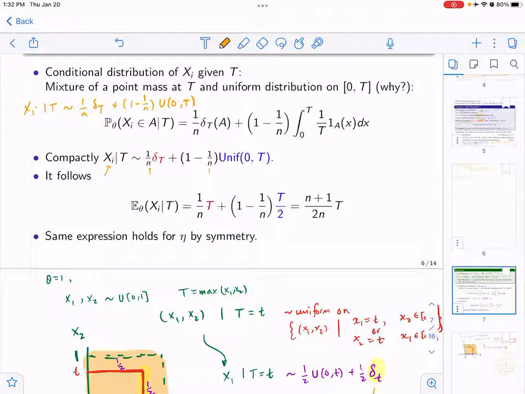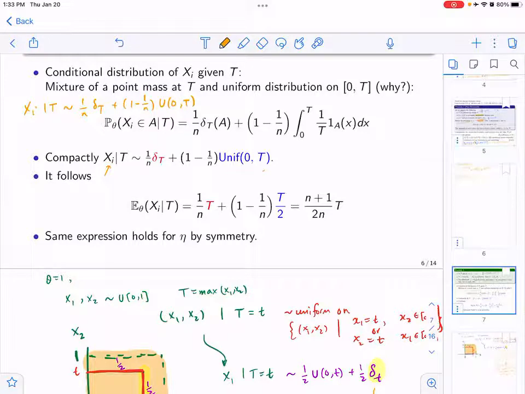A mixture distribution is basically like there is an extra variable that I'm conditioning on, if you want. But hopefully it's clear to people. So with probability 1 over n, I take value t. With probability 1 minus 1 over n, I get the distribution whose mean is t over 2.